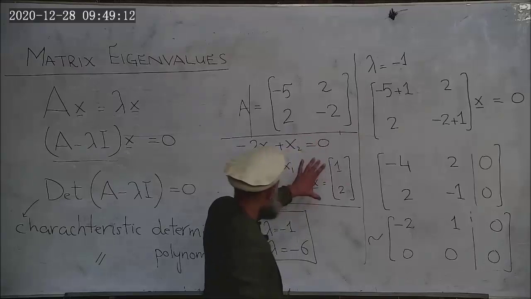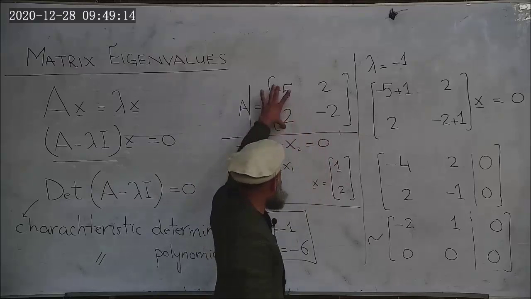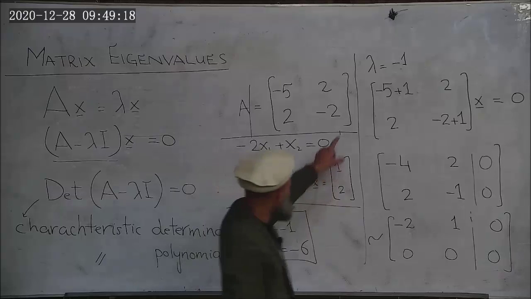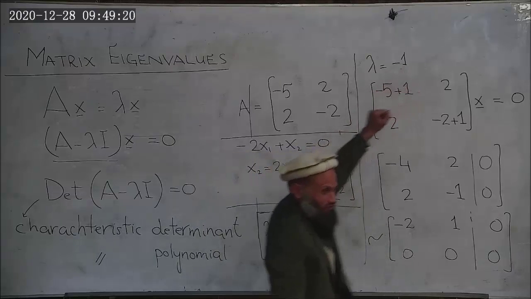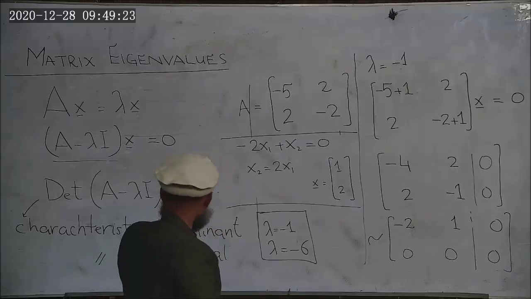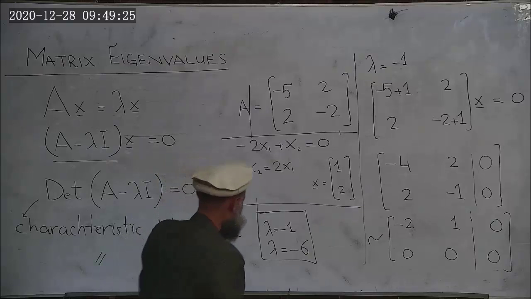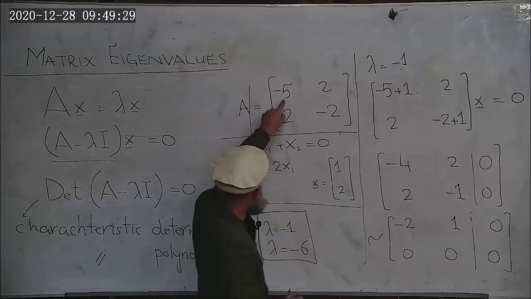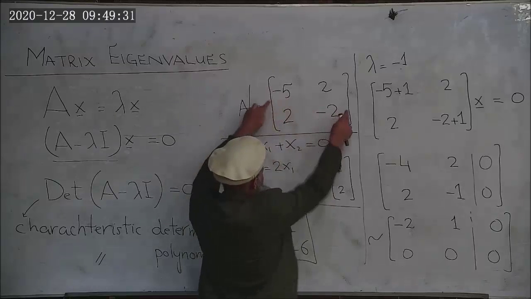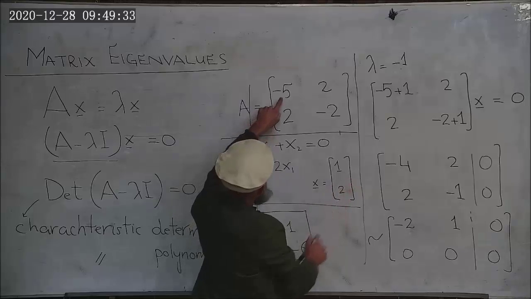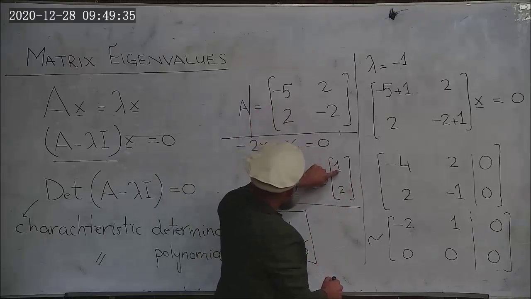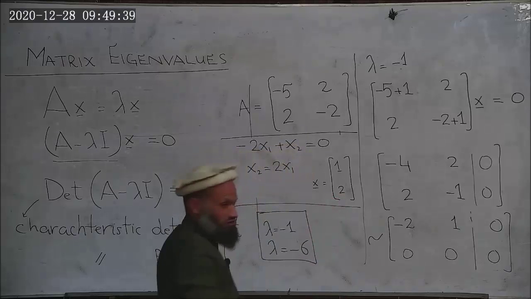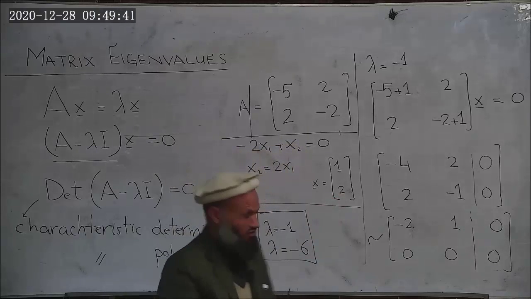That is, if we multiply this vector by this matrix, there will be only a scaling, and the scaling factor will be -1. You can verify it by multiplication of that matrix with this vector. This matrix multiplied by this vector, what do we get? -5 plus 4, that is equal to -1.